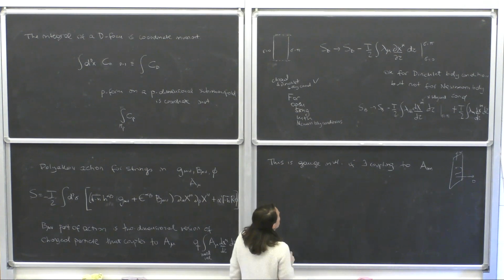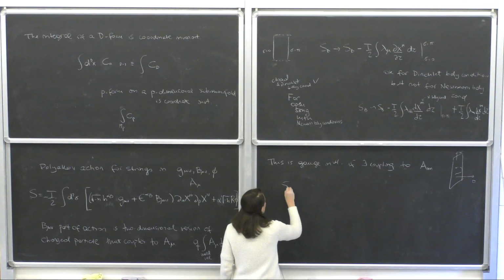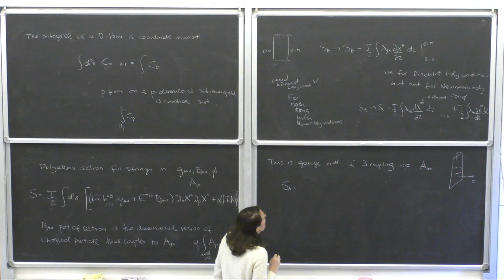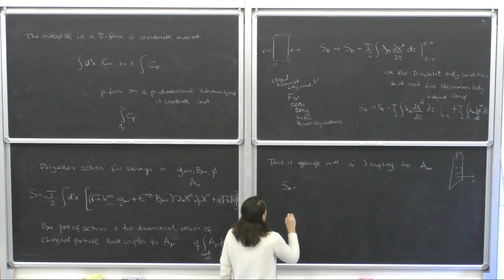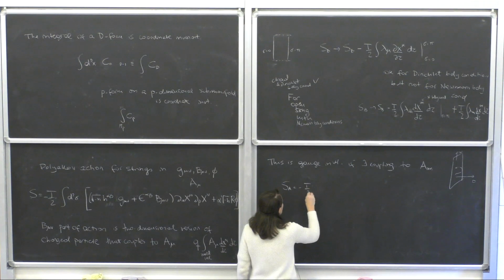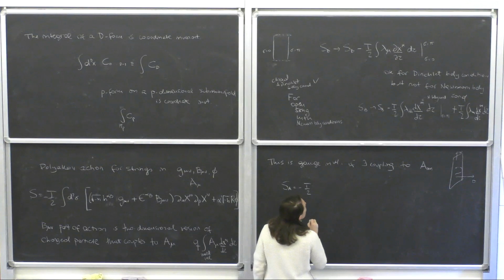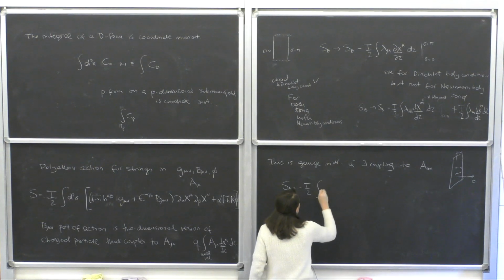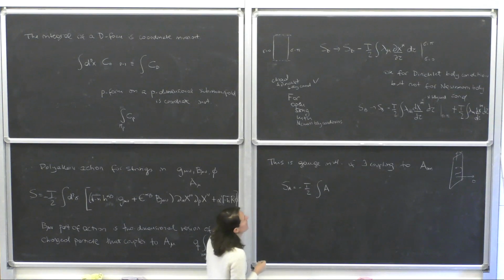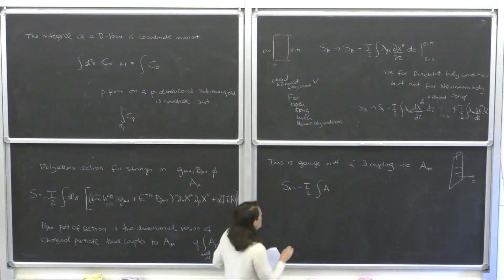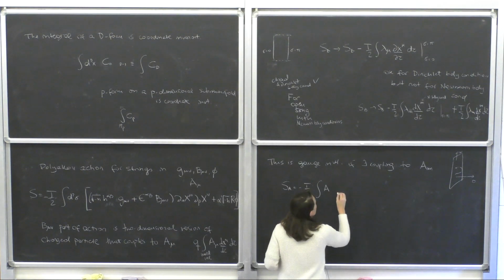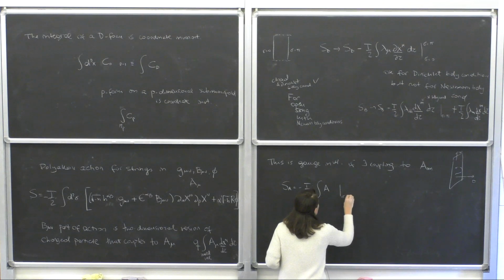And the coupling to A_M is minus T over 2 times the integral of A. I can write it just as the integral of A now, at sigma equals pi.